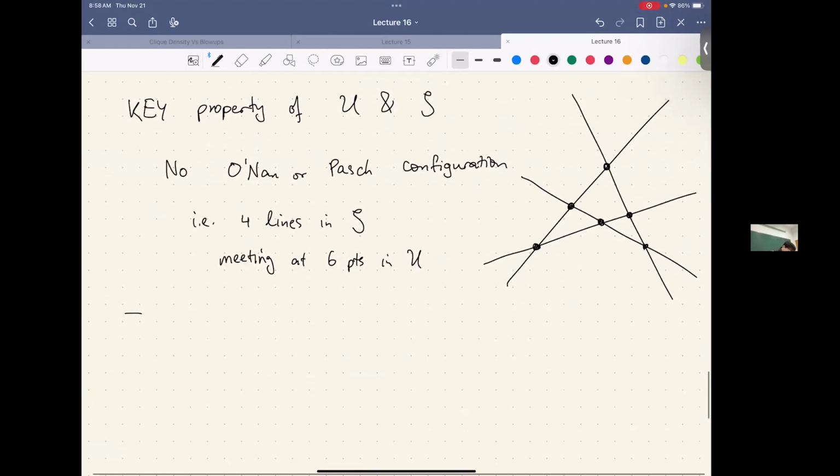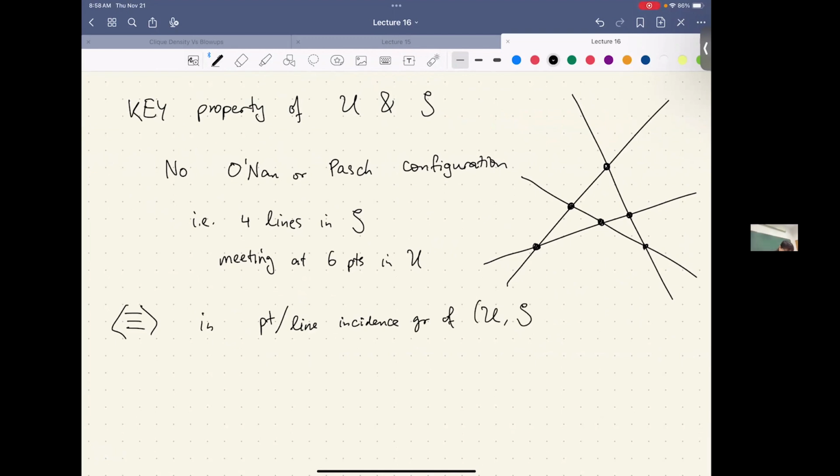What this is equivalent to saying is, in the point-line incidence graph of U and S. Remember, this is our U, which is a subset of P. And now we take secants, not all the lines.